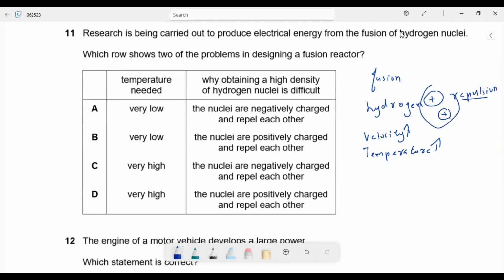So when you are fusing two nuclei, the repulsion is high, and high velocity and high temperature are required to overcome this repulsion and fuse the hydrogen nuclei. So the temperature needed will be very high, and the nuclei of hydrogen are positively charged and repel each other. So D is the right answer.